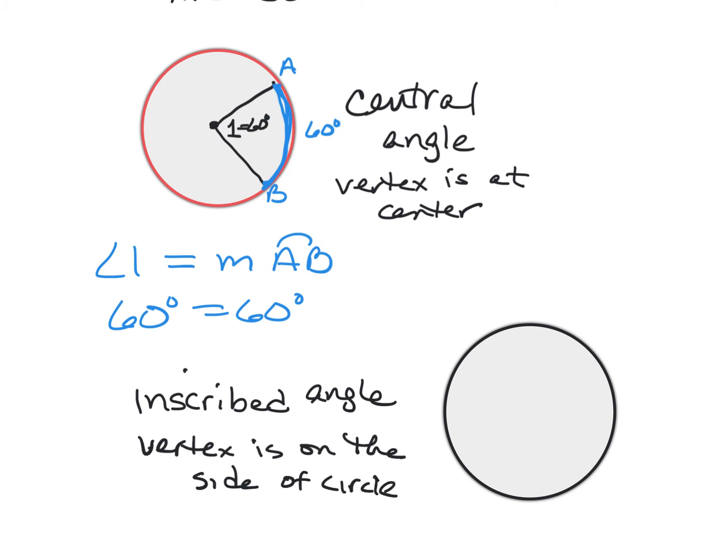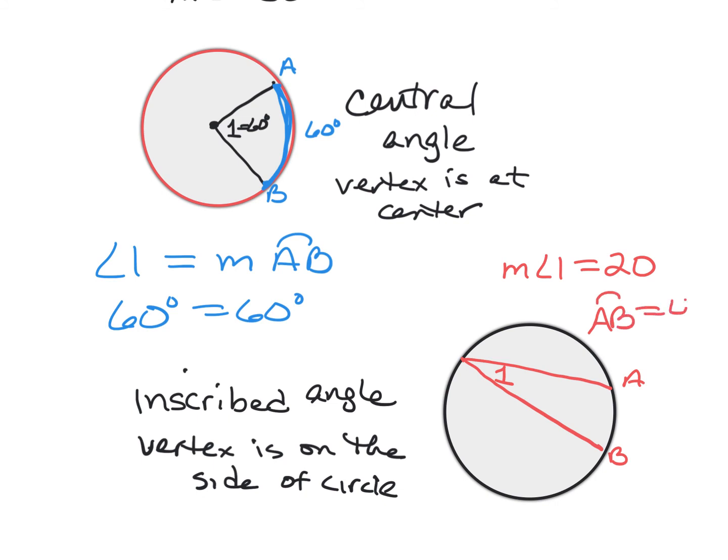So an example could be like this. And again, let's say this is angle 1. So if they told you that the measure of angle 1 was 20, if I put an A and a B here, then the measure of its arc is going to be double that. So it would be 40. That's when you have an inscribed angle.